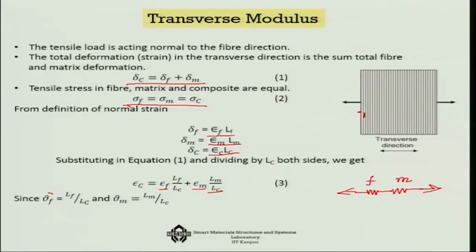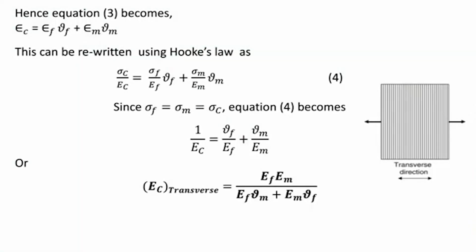Now the volume fraction in this case is LF over LC and LM over LC, which means you can write that sigma C over EC is sigma F over EF VF plus sigma M over EM VM. Since sigma F equals sigma M equals sigma C, I can cancel all of them.